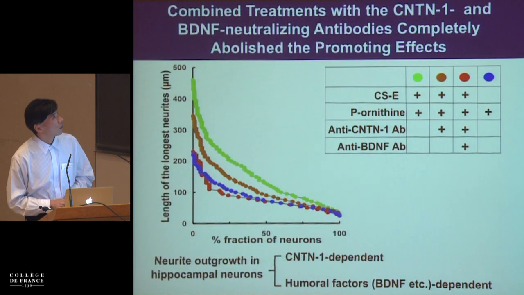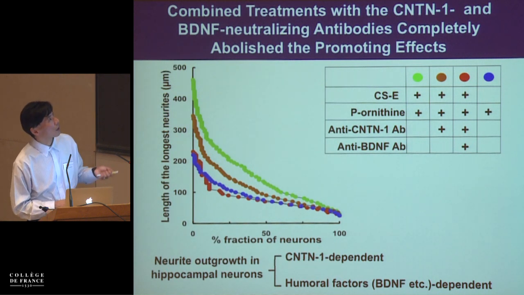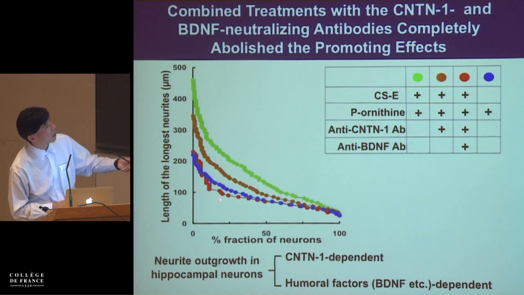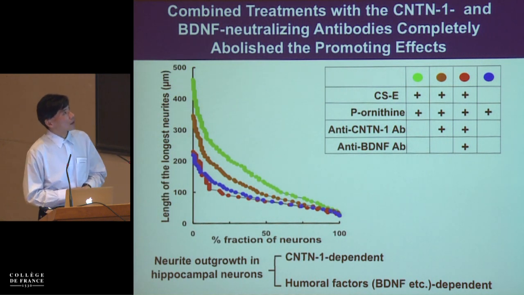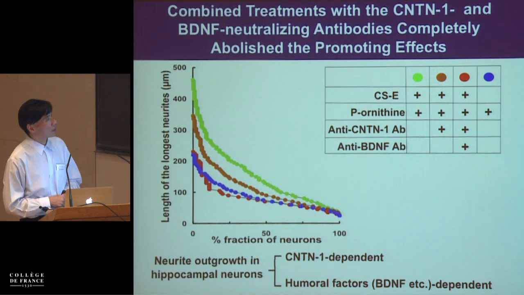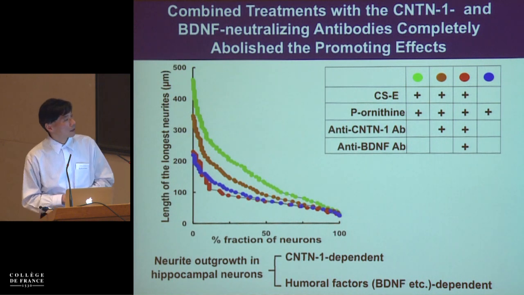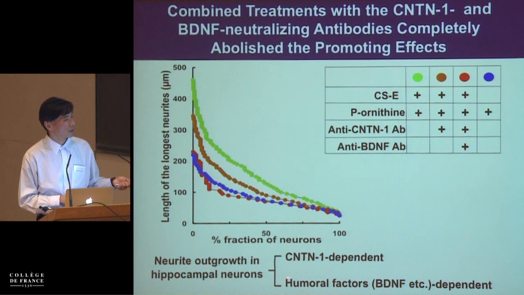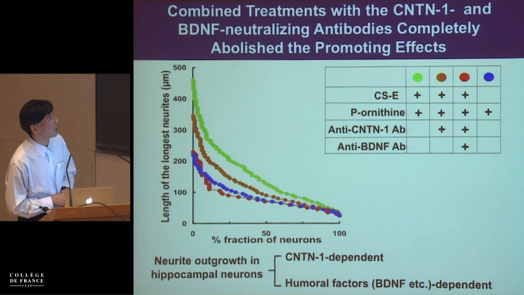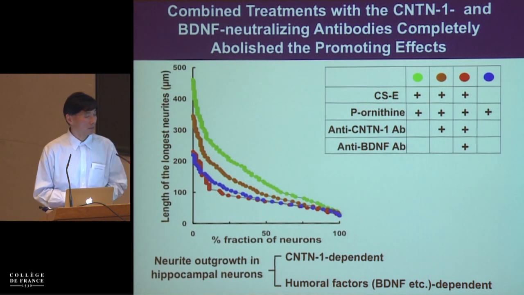In fact, combined treatment with contactin 1 and BDNF neutralizing antibody, as indicated by a red circle, completely abolishes the promoting effect of chondroitin sulfate E on neurogenesis, indicating that not only contactin 1 but also humoral factors such as BDNF are important for CSE-mediated neurogenesis in primary hippocampal neurons.